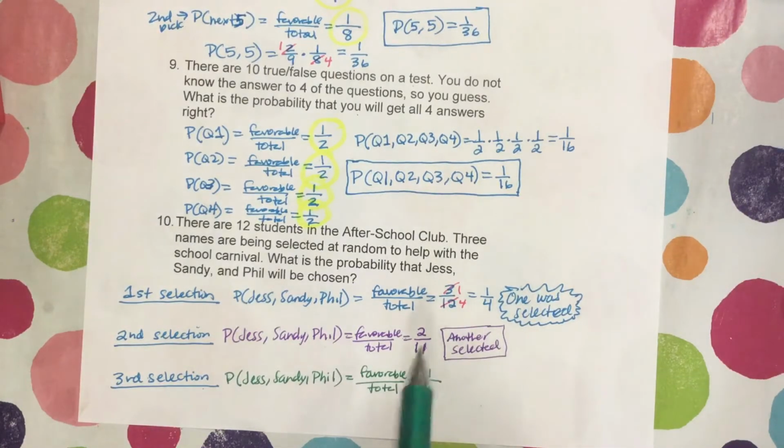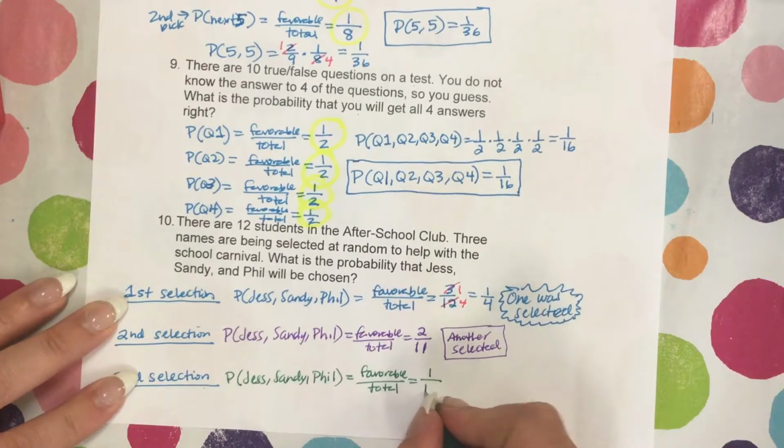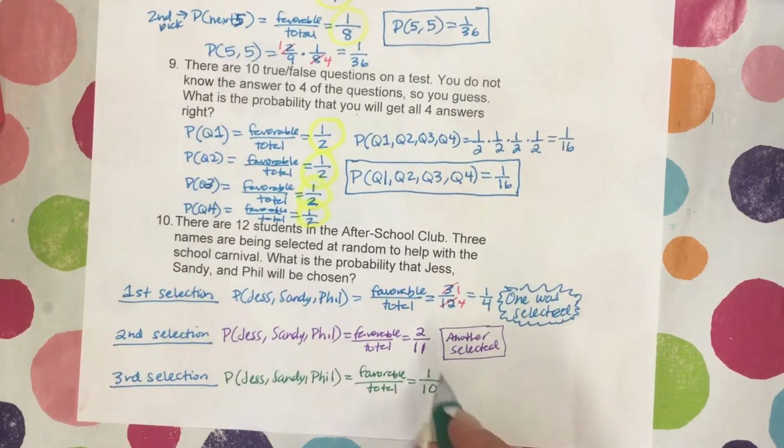And that means that there's also one less in the total, right? So there was 11 in the last selection. When another person was taken out because they were selected, there are only 10 people left in the selection.